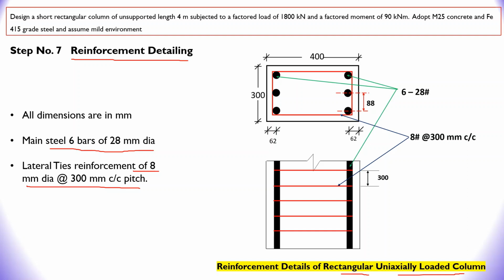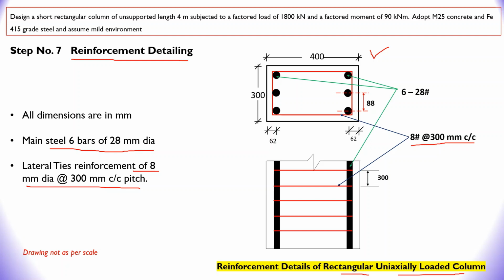First of all, let us see the sectional view. Here 400 by 300 are the outer sides of the column, 62 millimeter is the effective cover, and the red color ring is showing the transverse reinforcement, that is 8 mm dia, 300 millimeter center to center.